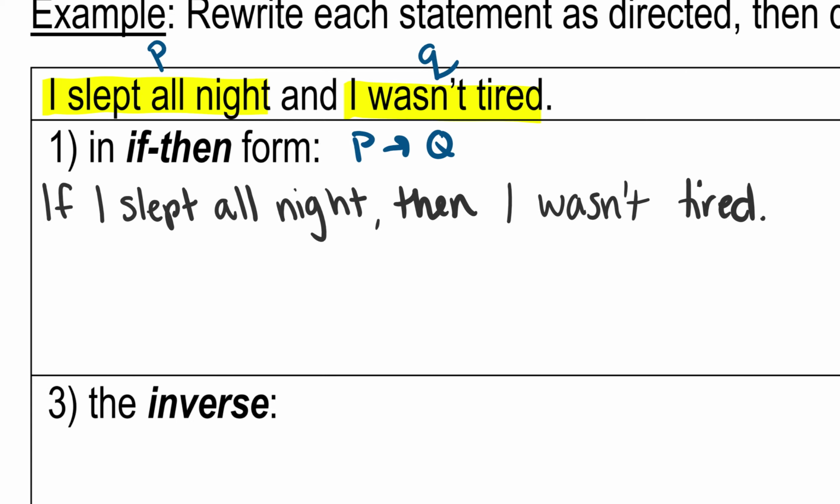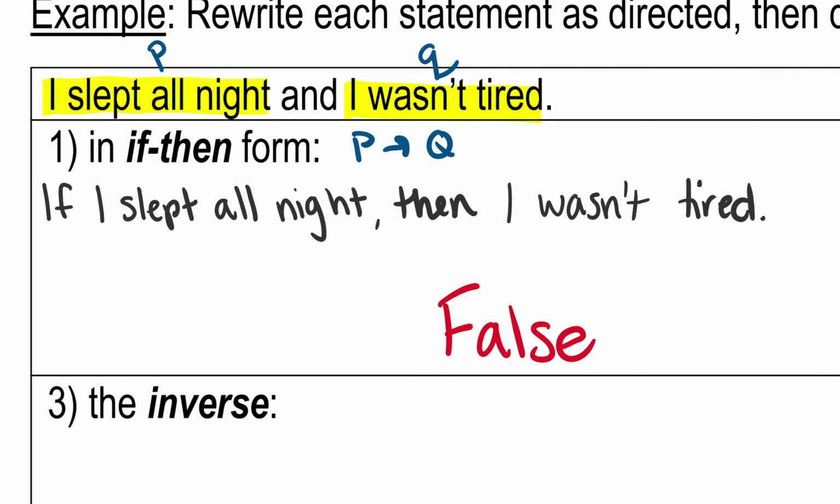So if I slept all night, then I wasn't tired. Okay, yeah, that's mostly true. But if I slept all night and I was tired, that is also true for a lot of people. That's not very specific to one person. A lot of people sleep all night and they're still tired. So for that reason, because you can say, if I slept all night, then I was tired, and that's true, this statement is false.